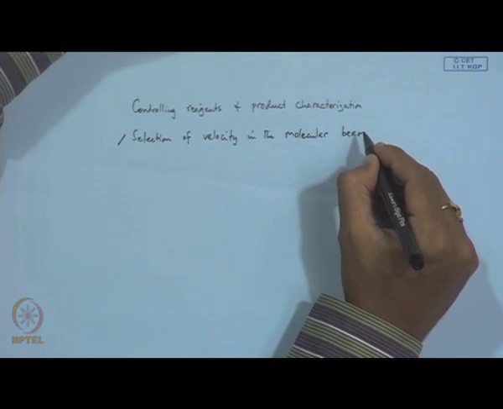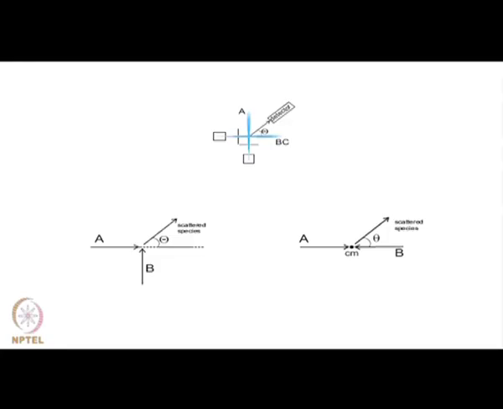Basically here you see that your two molecular beams are intersecting over here, and they are at 90-degree angle, perpendicular, and the detector is oriented somewhere in between, so it can move in this way.